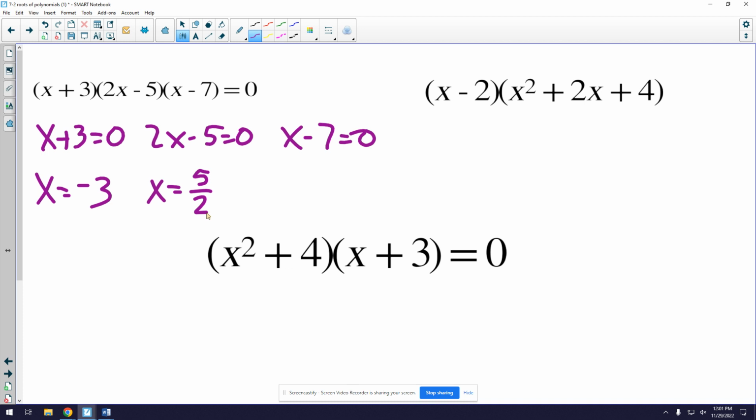You flip the constant, so it was minus, it becomes positive, and then you divide by your coefficient. And the last one is x minus 7 equals 0, then x equals positive 7. Those are all of the rational roots. All of those are rational numbers. So my answer would be x equals negative 3, 5 over 2, and 7.